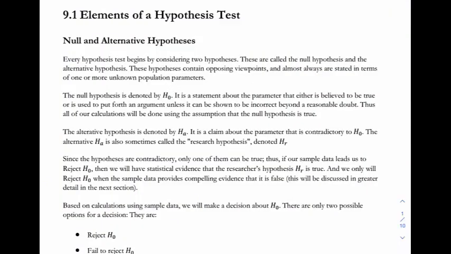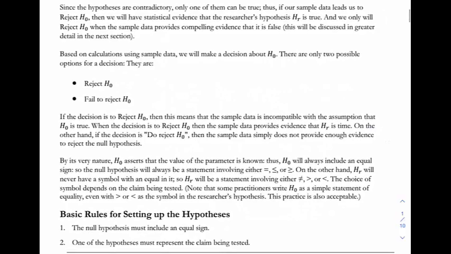Right, folks, this is section 9.1, elements of a hypothesis test. What I want to do with just this one video is intro the idea, go over the components of hypothesis testing, talk about what it is, why it's here, and go over the basic elements of the notation.